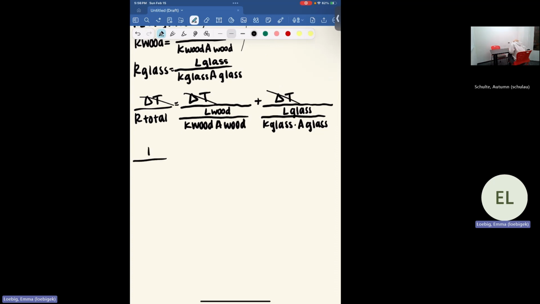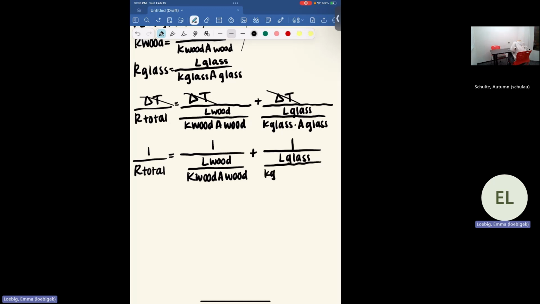Then we're left with 1 over R total is going to be 1 over the thickness of the wood divided by the thermal conductivity of the wood multiplied by the area of the wood, plus 1 over the thickness of the glass divided by the thermal conductivity of the glass multiplied by the area of the glass.